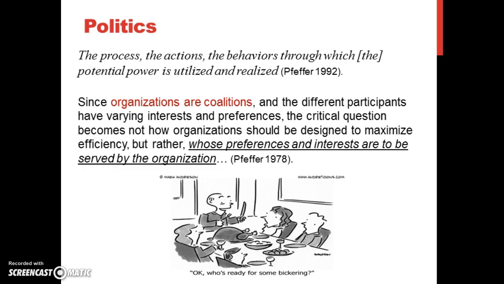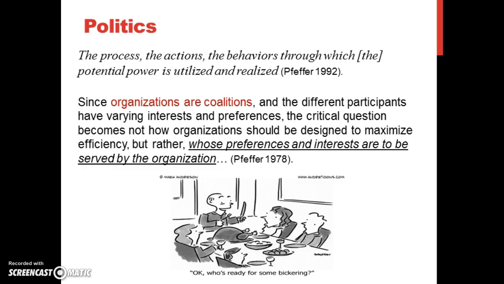Now we've learned what power is, and then let's move to the main theme of this lecture, what politics is. Pfeffer defines politics as the processes, actions, and behaviors through which potential power is utilized and realized. Further, he sees organizations as coalitions rather than a single unit.